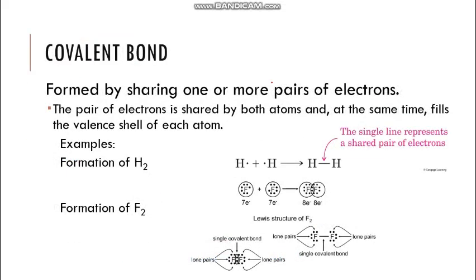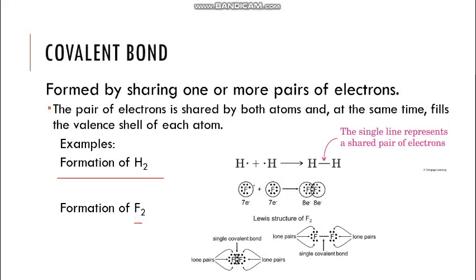So, next we have the covalent bond. Covalent bond is formed by sharing one or more pairs of electrons. So, the pair of electrons is shared by both atoms and at the same time fills the valence shell of each atom. So, let's have these examples, the formation of hydrogen.